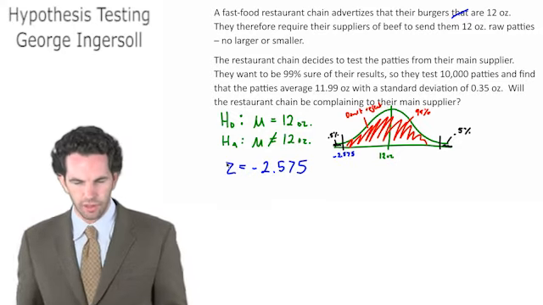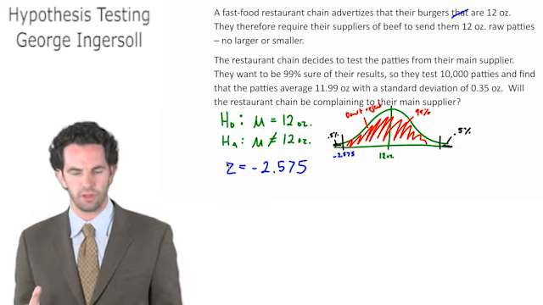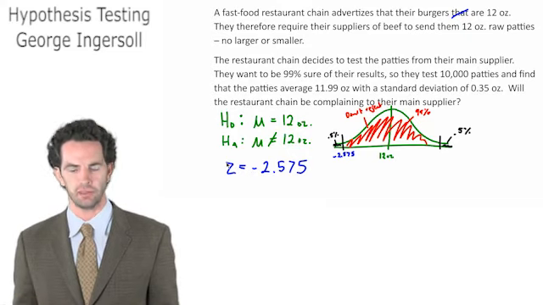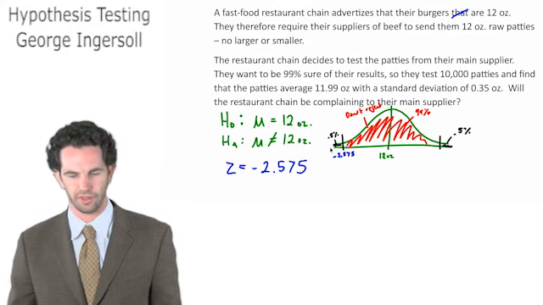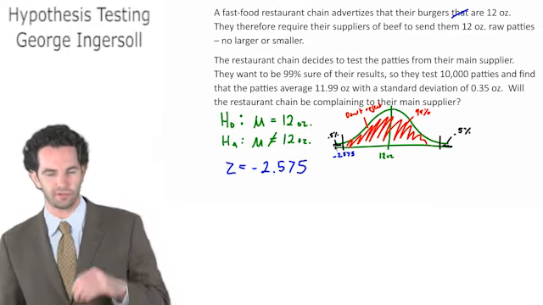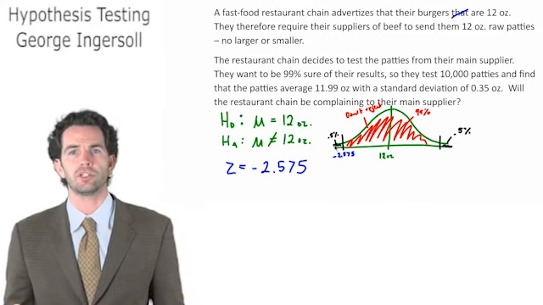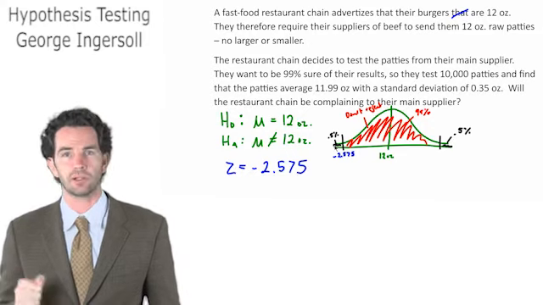So, if we are more than 2.575 standard deviations away from the mean, it's going to be to the left. We're going to be somewhere out here. If we're more than negative 2.575 from the mean, then we're going to go ahead and reject the null hypothesis and accept the alternate hypothesis.